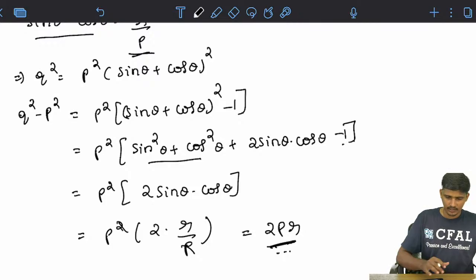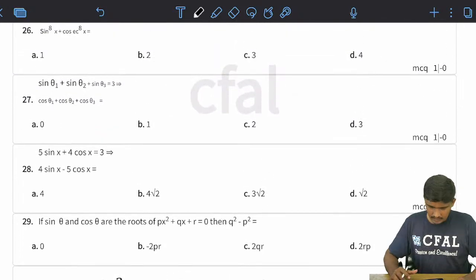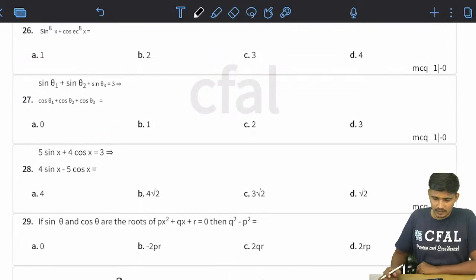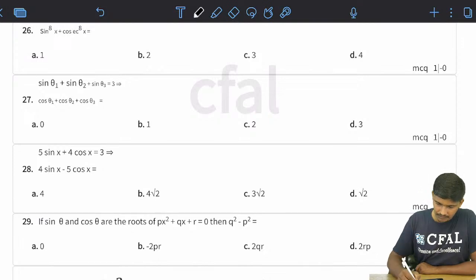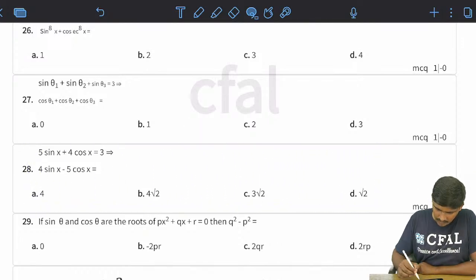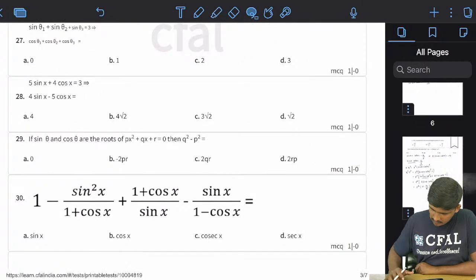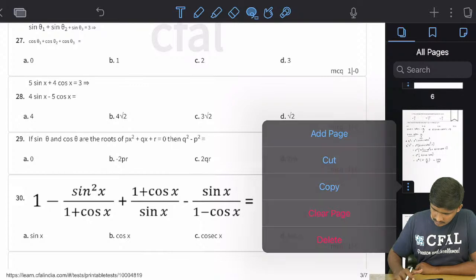What is that question number 28? Yes, 5 sin x plus 4 cos x is equal to 3 implies 4 sin x minus 5 cos x is equal to. Let's copy this question and paste it.